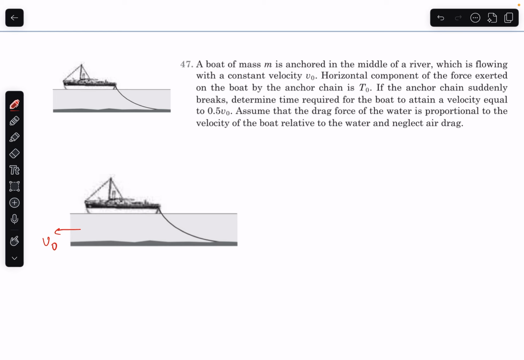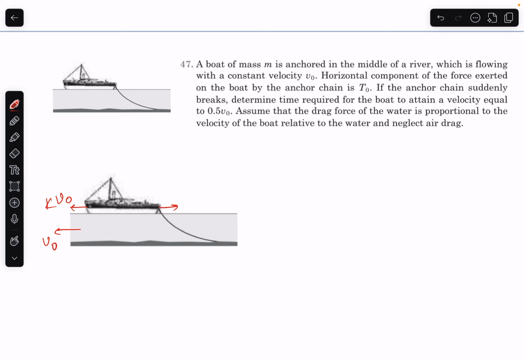Since the relative velocity of the boat with respect to the river will be towards right, a force equal to some constant k into v naught will be acting on the boat towards left.